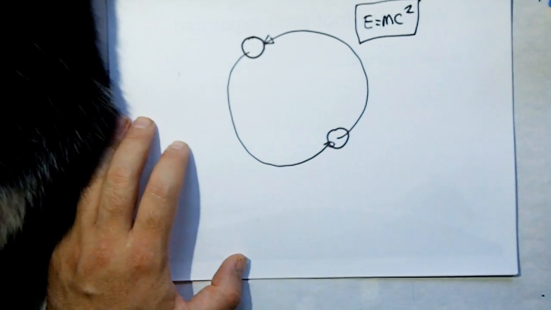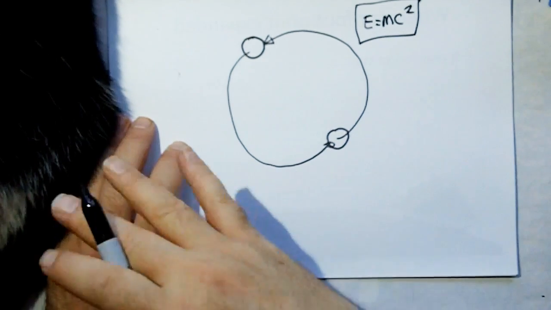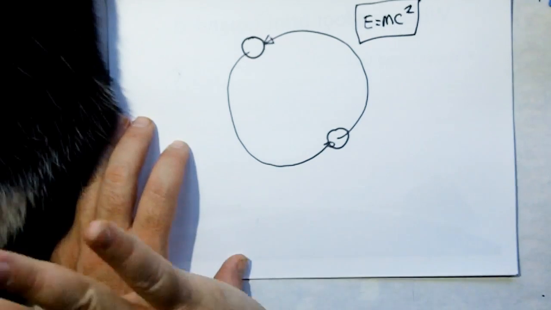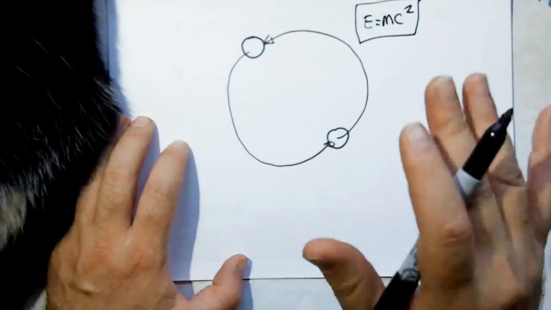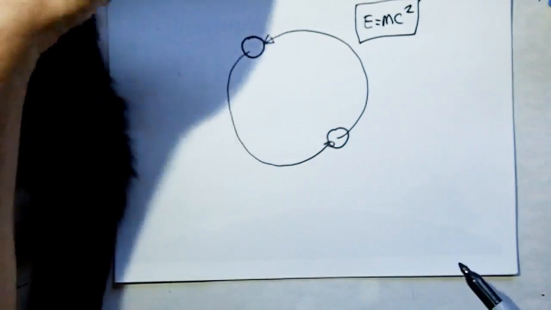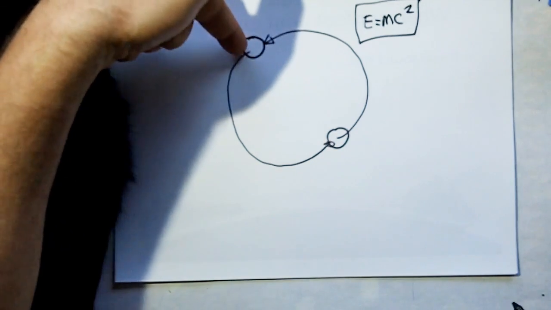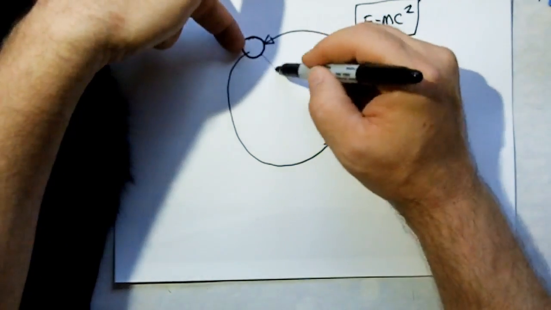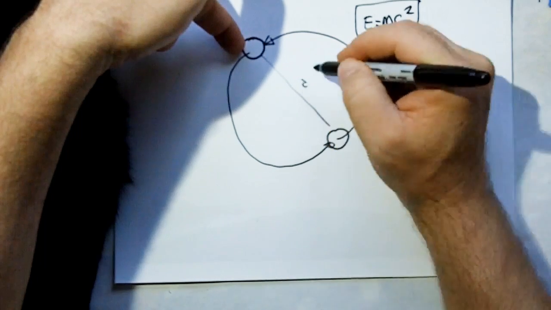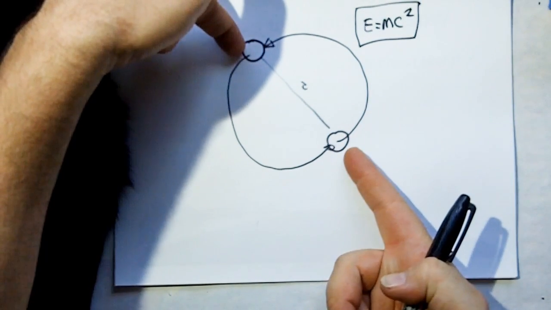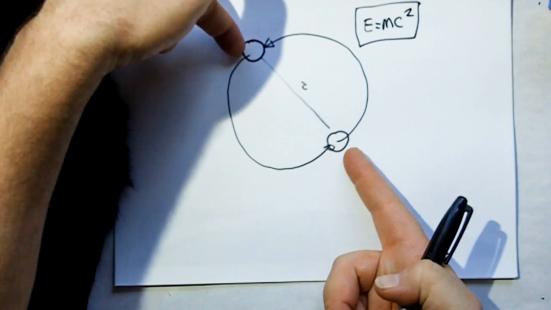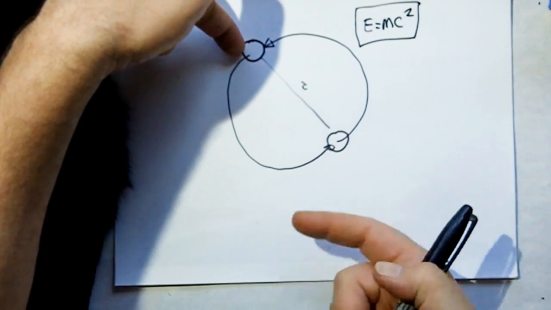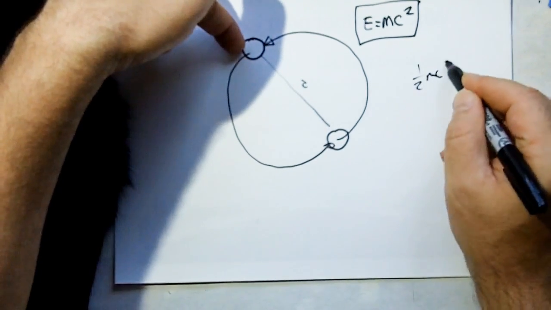Let's talk about the two original methods. The first method was to use Coulomb's law, take one charge and put it within the diameter, and find out how much energy you had using two point charges. That actually comes out to 1/2 mc squared.